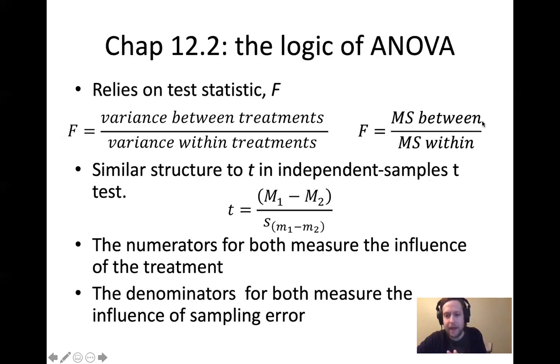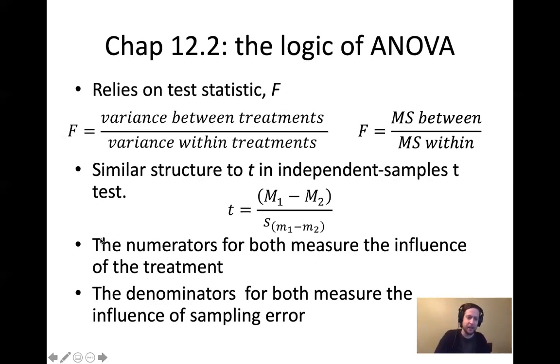So the structure of F is very analogous to T, and the structure of T is very analogous to Z. For all 3 of our test statistics, Z, T, and F, all 3 involve a ratio where you're taking a numerator divided by the denominator. The numerator always represents the magnitude of the difference of the means we are comparing. The denominator always represents a measure of variability.